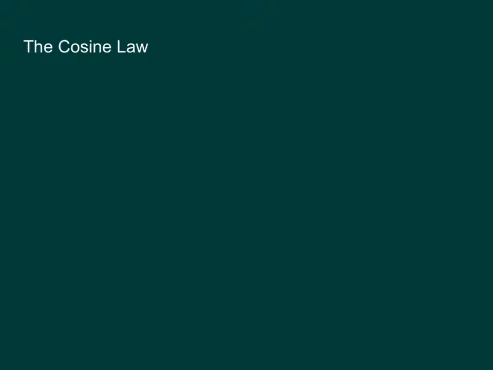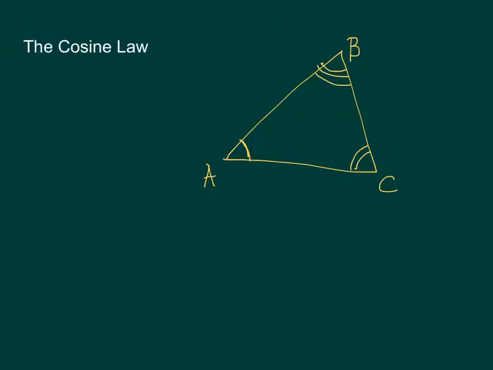Let's create a triangle ABC. I'll name this A, B, and C. So the angle on A can be named as angle A. The angle on C can be named as angle C, and the angle on B can be named as angle B. Some people use three letters.